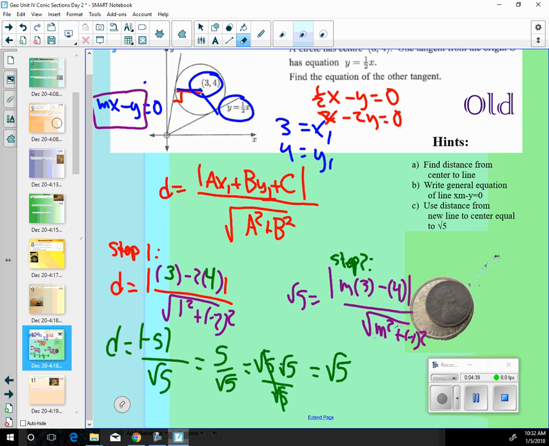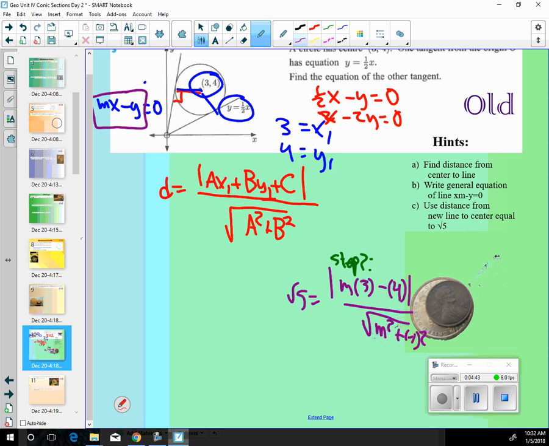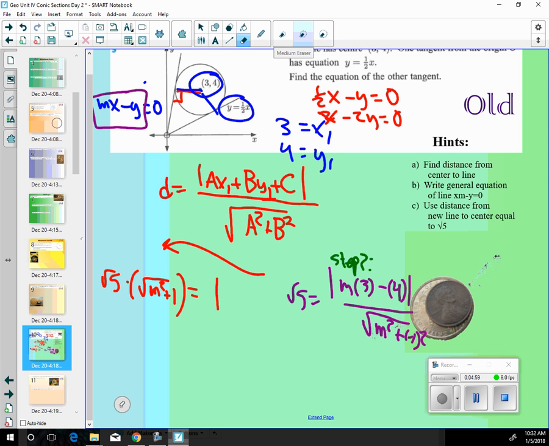Musa, are you okay with that? Okay, so then, just going to move this over here. Square root of 5 times square root of m squared plus 1 is equal to the absolute value of 3m minus 4. Okay, now I'm going to square both sides.